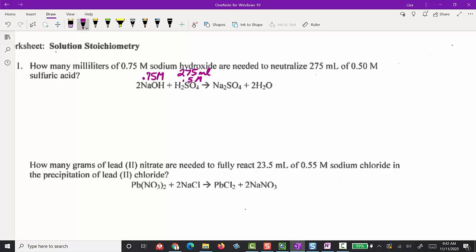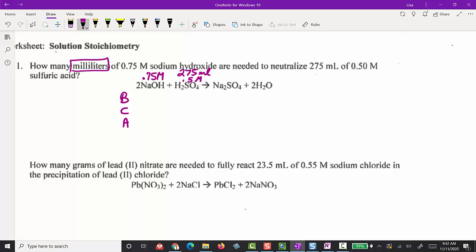The key thing you want to start doing is, anytime you see a volume and a molarity, just automatically have it click: I know moles. If I know a volume and a molarity, I can find moles. That's what we're looking for, because once we know moles, we can put it into our BCA table.